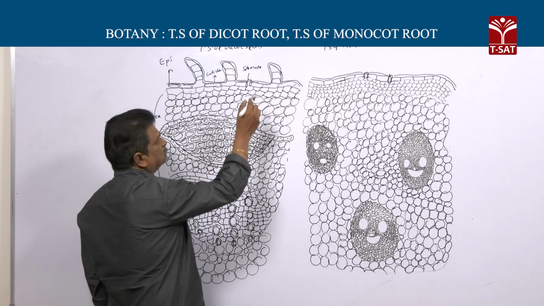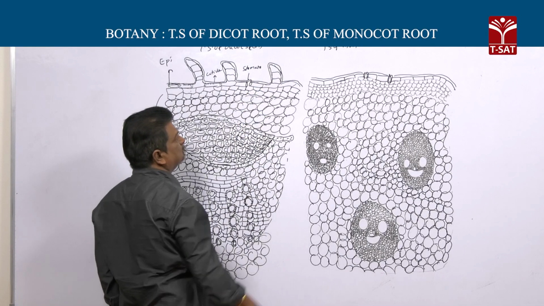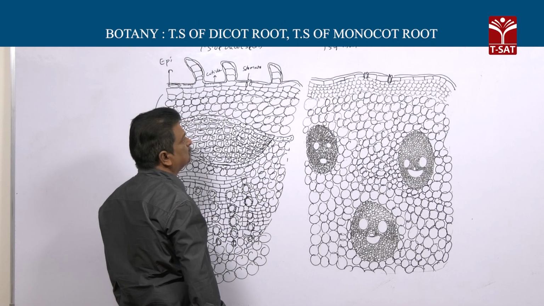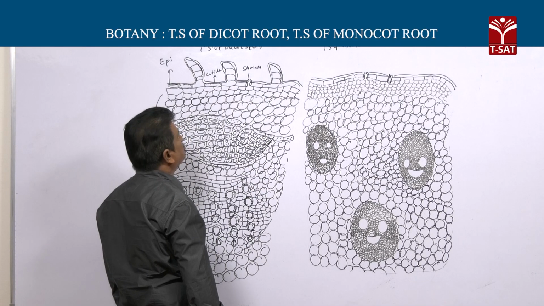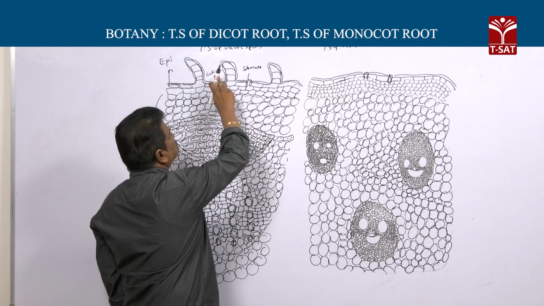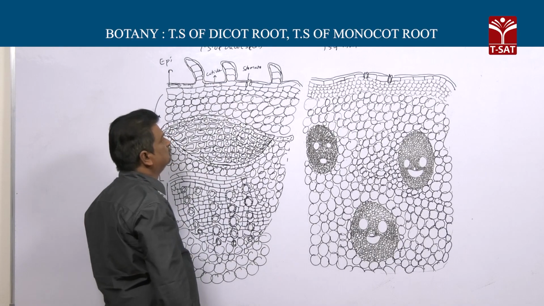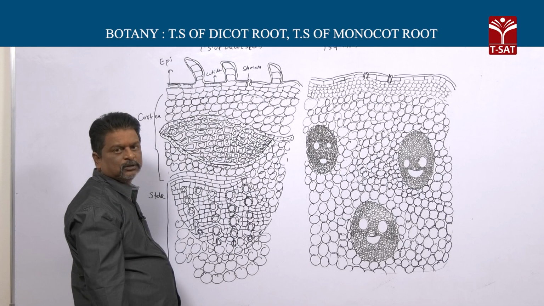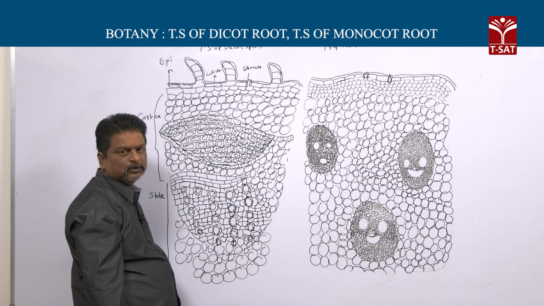Then this cutin, actually epidermal cells secrete cutin. This cutin forms a layer, rightly called cuticle, and cuticle function is it reduces transpiration.